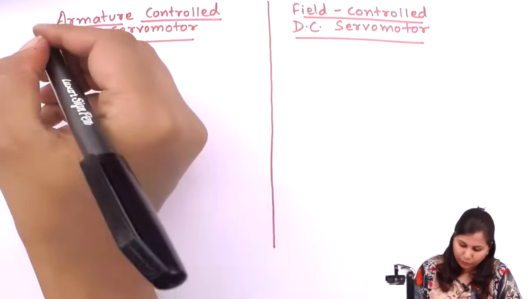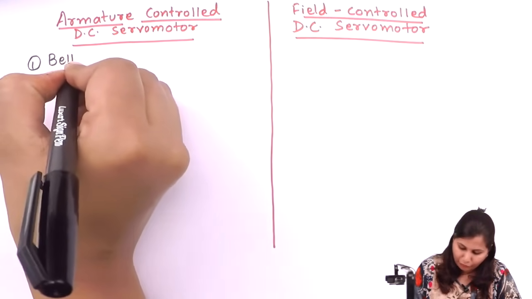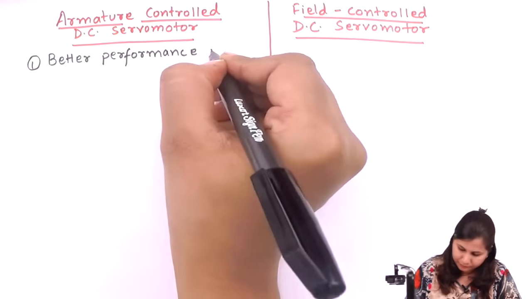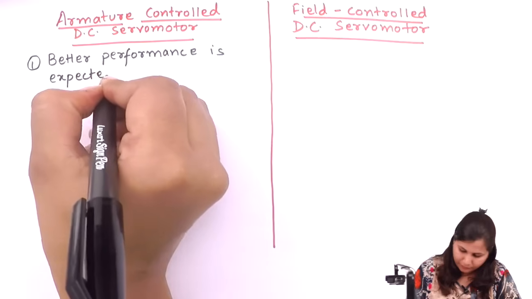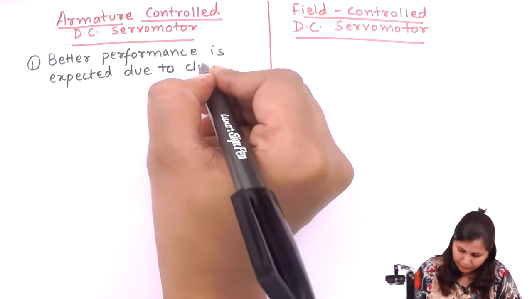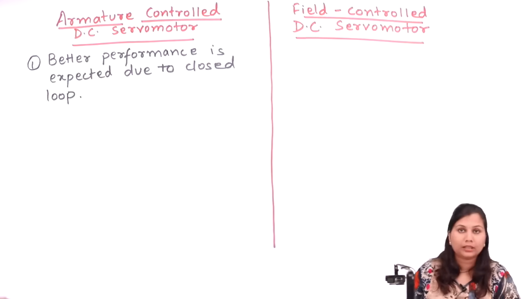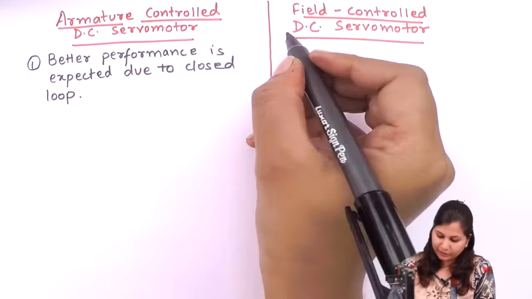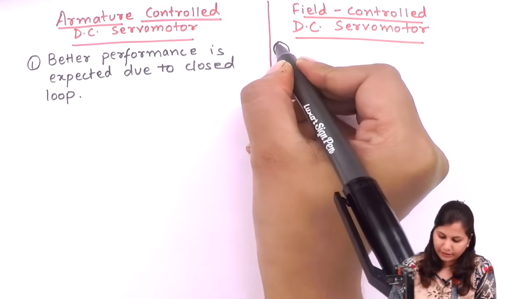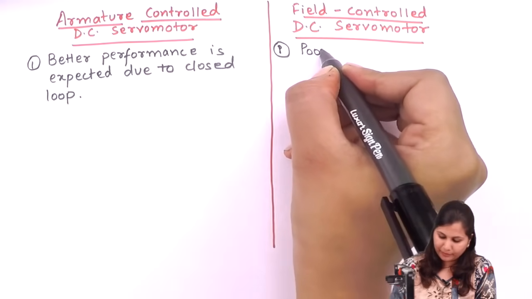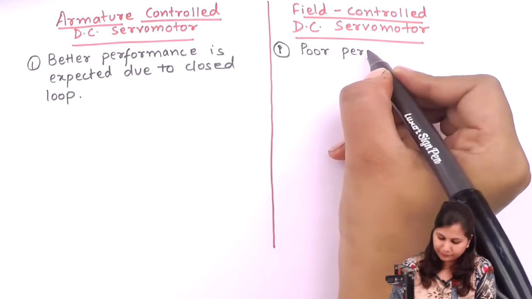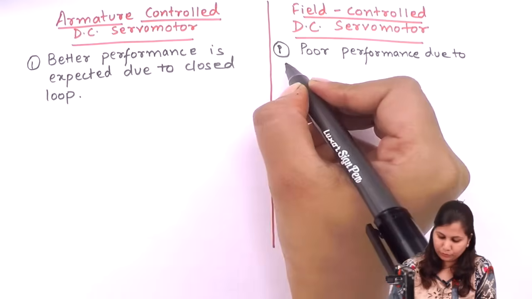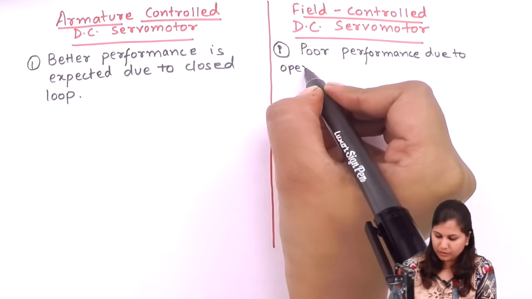So armature control gives better performance because it has a closed loop control diagram, and the field control DC servo motor gives poor performance due to open loop structure.